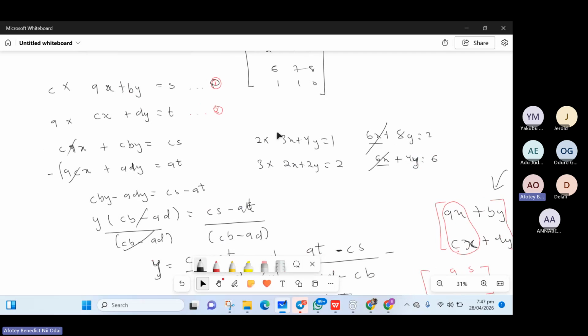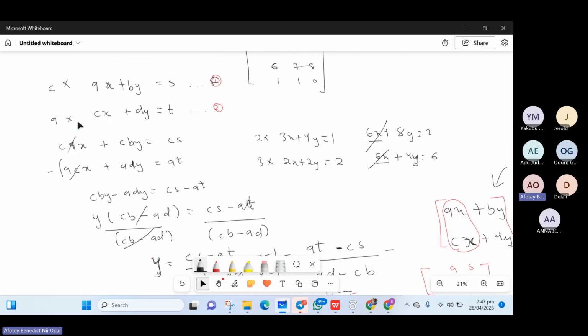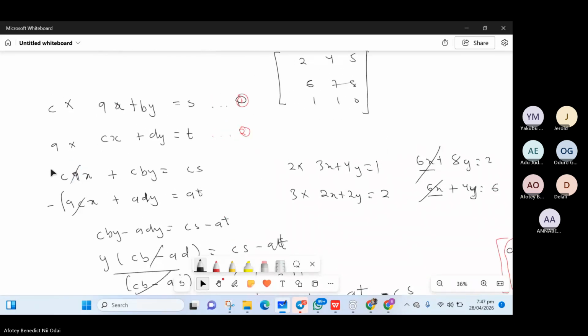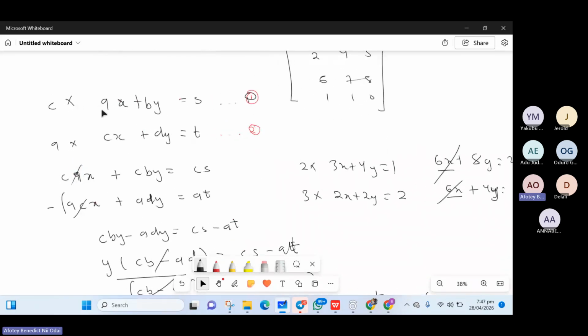That's the same application that we are also doing in this case, where we have Cx and Ax. So we multiply the Cx by A. We are trying to get rid of this entry, the x in both the first and second equation.